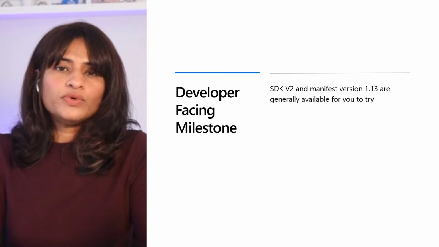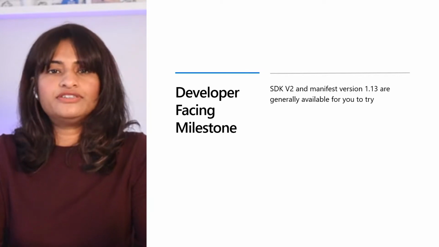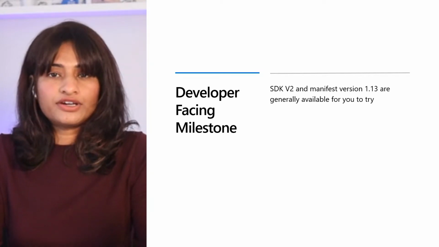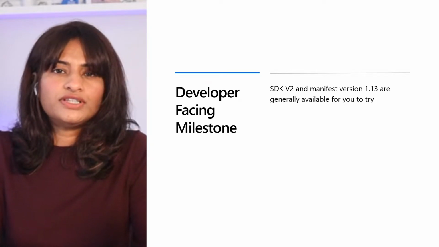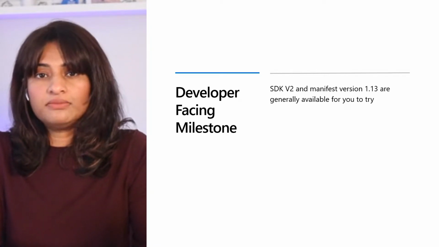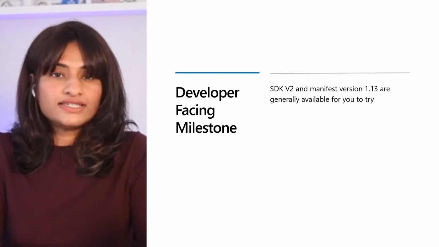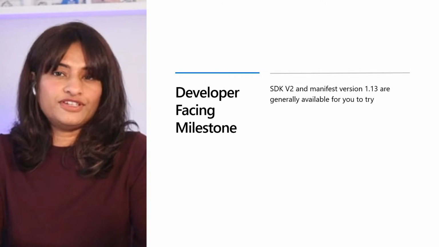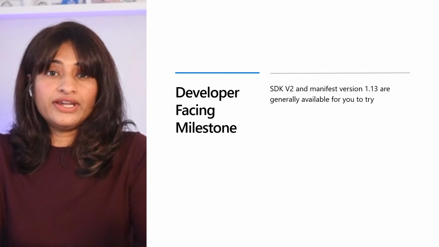Now, if you're visiting us from the breakout session titled Build Collaborative Apps with Teams and Microsoft 365 Services, then I do want to remind you that this is a developer-facing milestone. And what I mean by that is that while the SDK version 2 and Manifest version 1.13 are generally available for you to try in Teams, the host apps Outlook and Office.com continue to be in public preview.